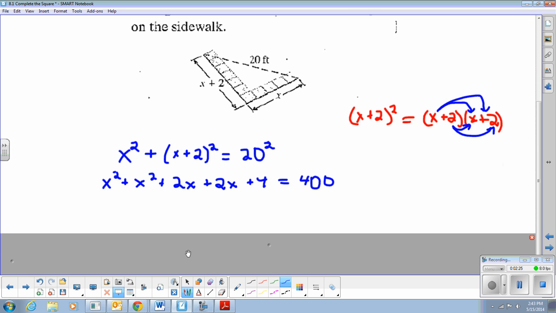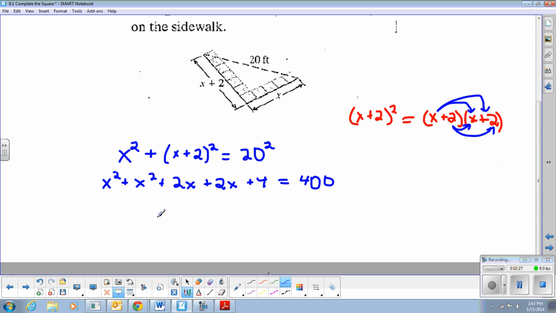So now what do I do? Well, I'm going to combine my like terms. I have 2x squared, and then I have plus 4x, and then I have plus 4. That equals 400. Let's make that a little neater. All right, so now I'm going to subtract 400 from both sides.